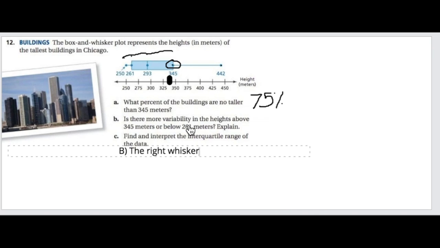And I'm talking about below 261, so from 261 to 250. Which one has more variability? Well, the right whisker, this one is a lot larger.